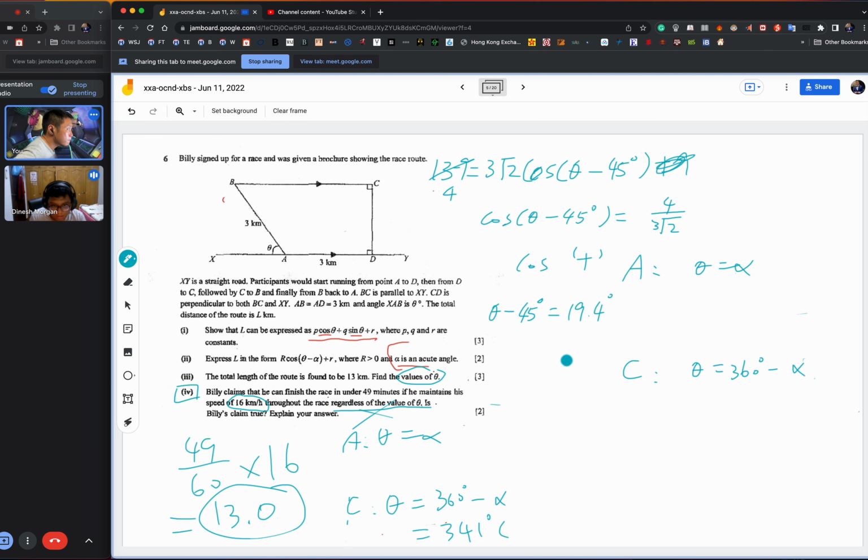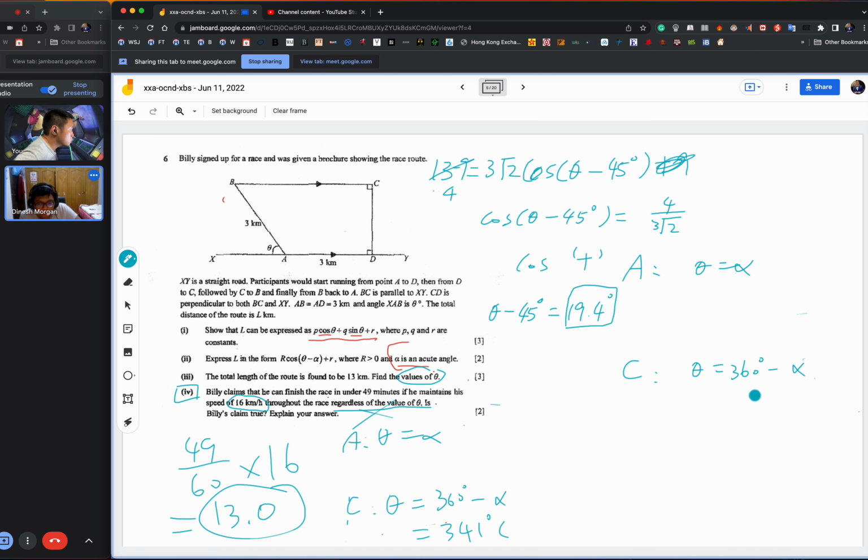Okay? So therefore theta, actually what I'm trying to tell you is this. Your basic angle is actually 19.4.